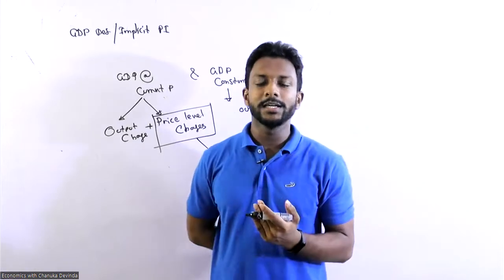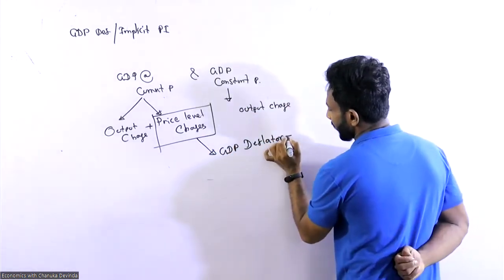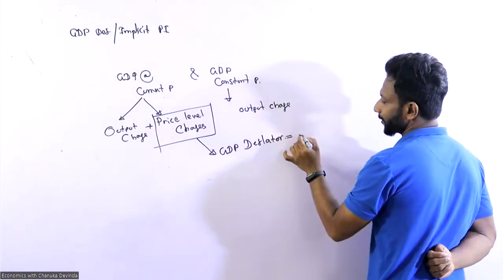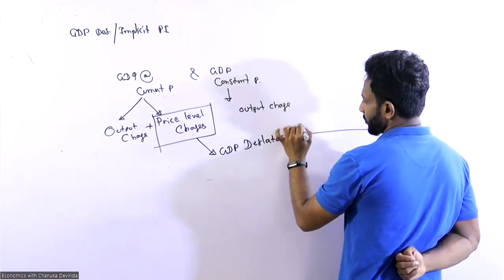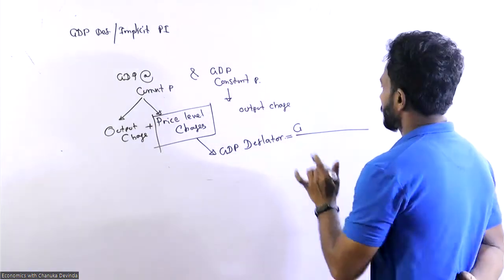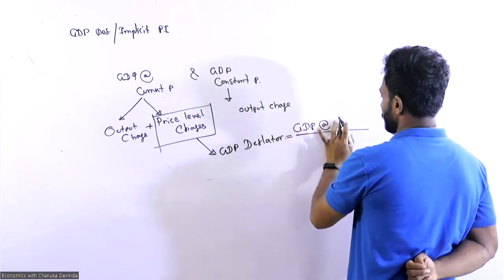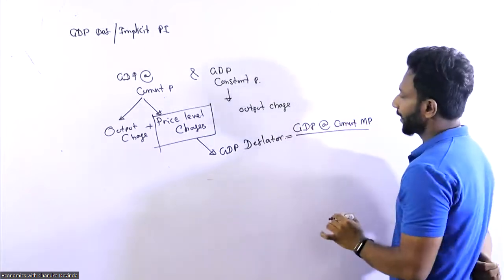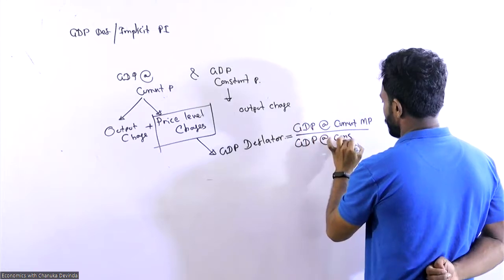How to calculate the GDP deflator? We need both current price and constant price to calculate the price change. So GDP at current market price divided by GDP at constant price.